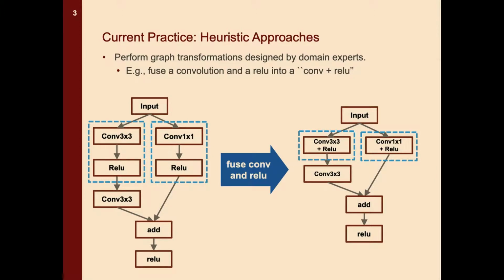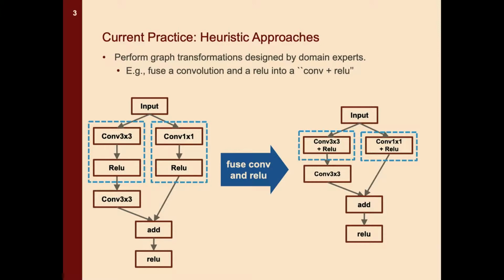So existing frameworks have been using heuristic approaches to optimize DNN computation graphs. They perform a number of graph transformations that are manually designed by domain experts to optimize the performance of a DNN computation graph. For example, commonly used operator fusion could be fusing a convolution and a ReLU into a single convolution plus ReLU operator, because we know heuristically this fused operator will be faster than performing the two operators separately.